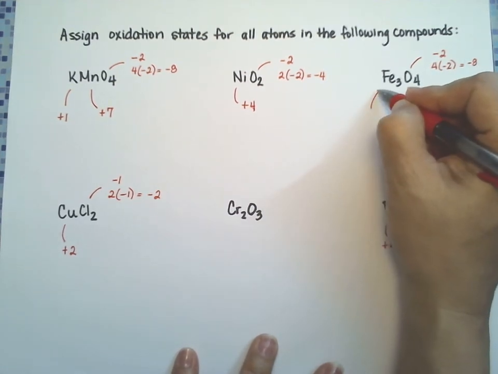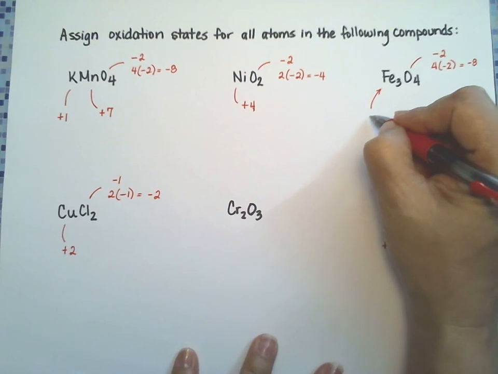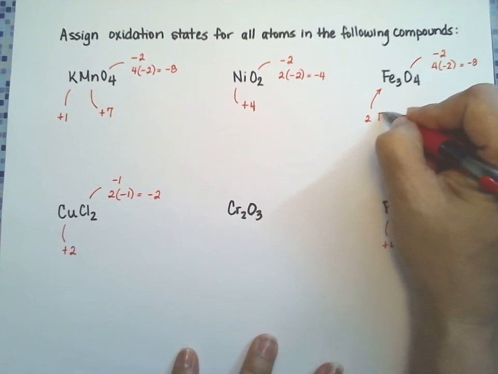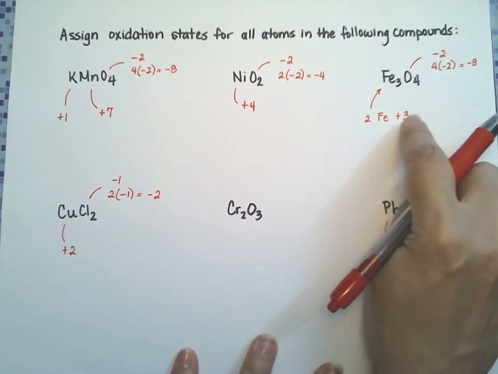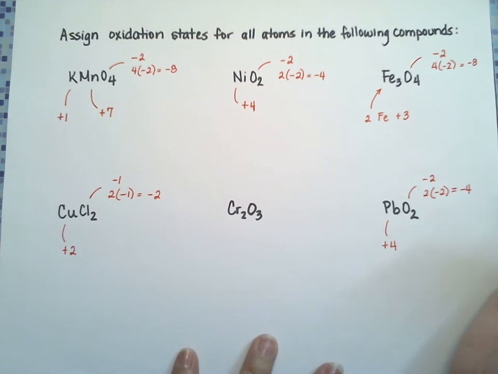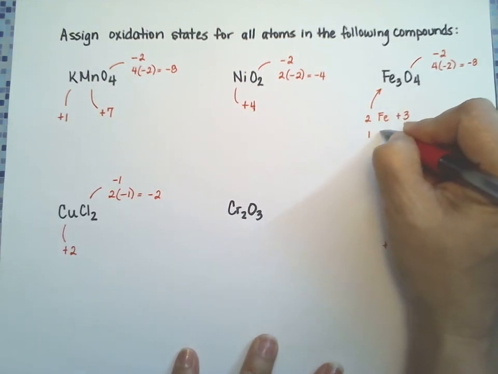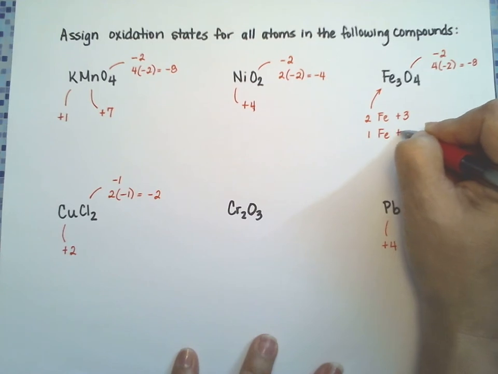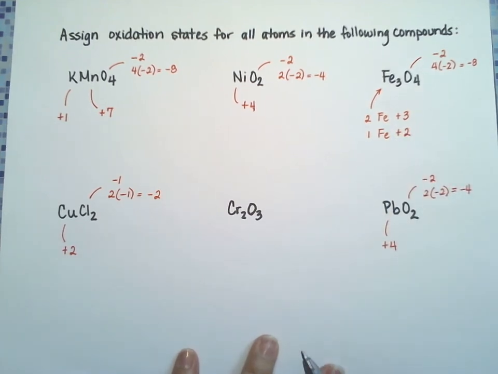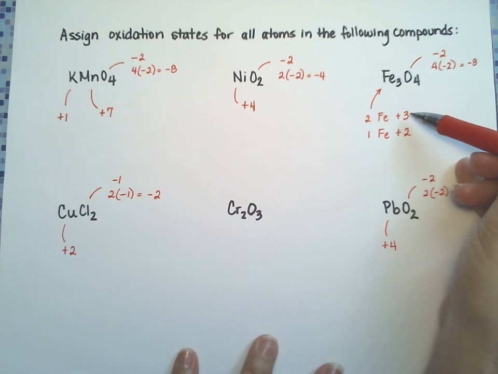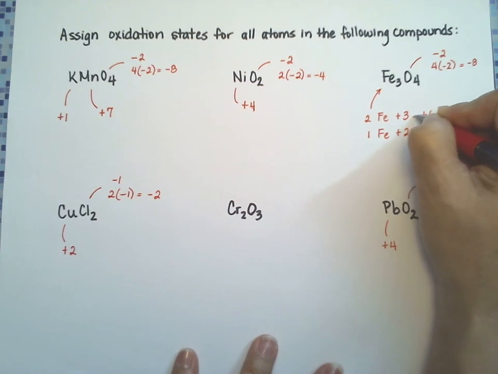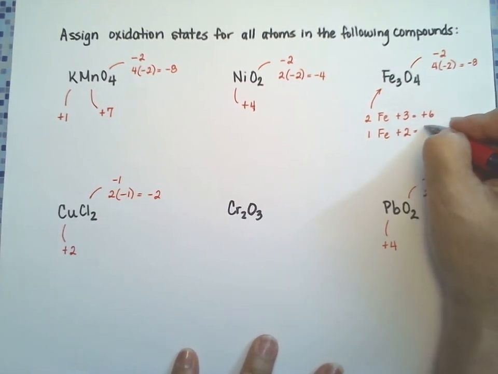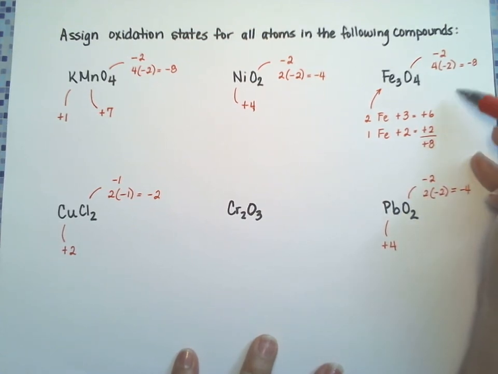So we have 3 irons. 2 of the irons are going to be +3. That means that we have neutralized 6 negative charges. And there is 1 iron that is going to neutralize the other 2 charges left over. So 2 of the irons are +3, so that means I have +6 here, and 1 iron being +2. That neutralizes the negative charges right there.